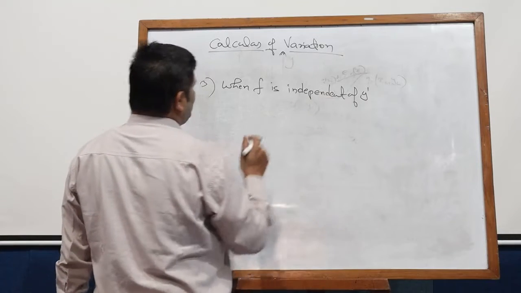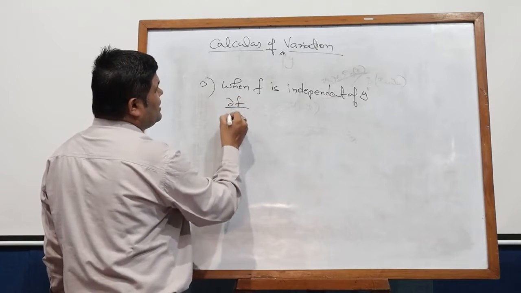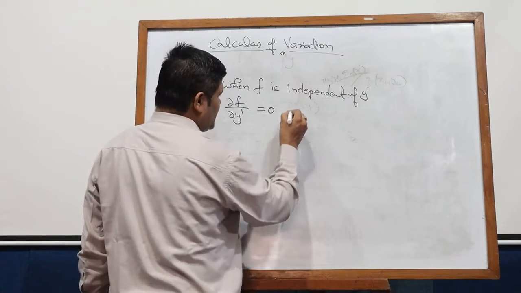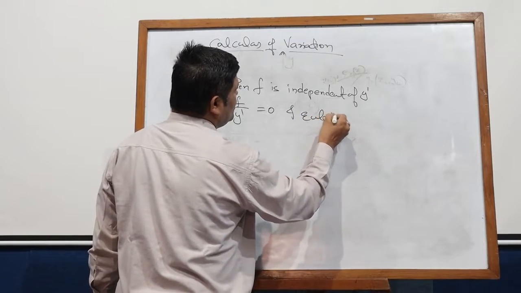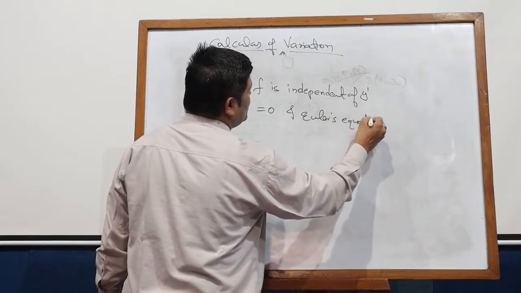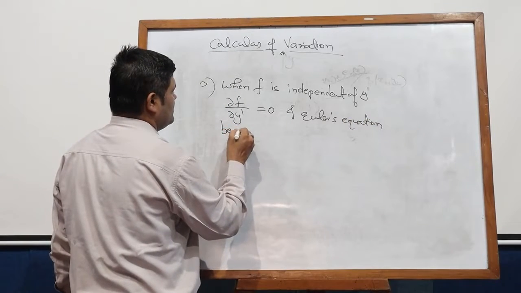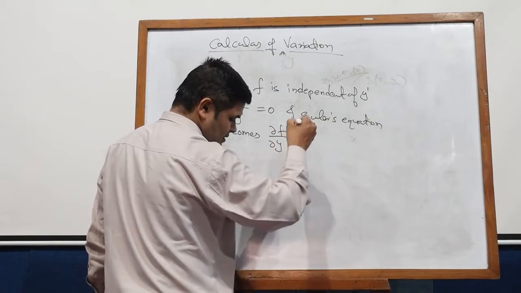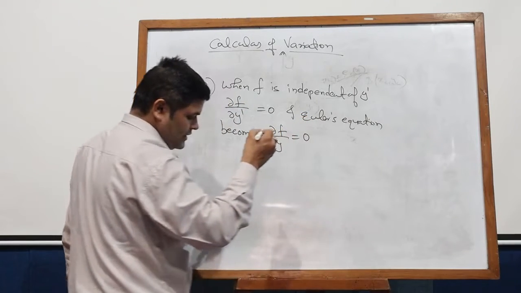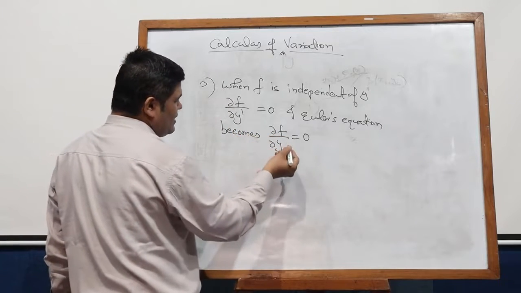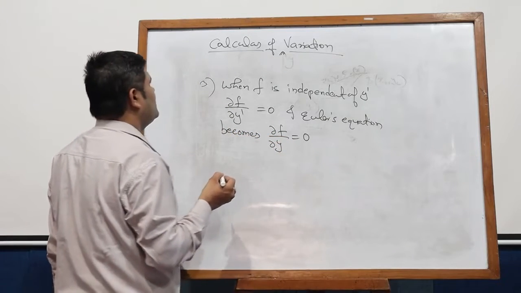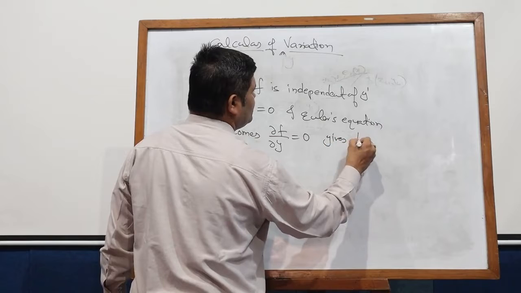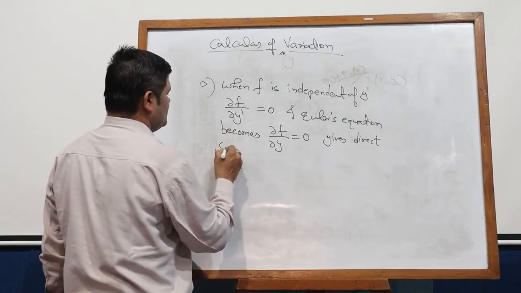When f is independent of y dash, del f upon del y dash equals 0, and Euler's equation becomes del f upon del y equals 0, which gives a direct solution.